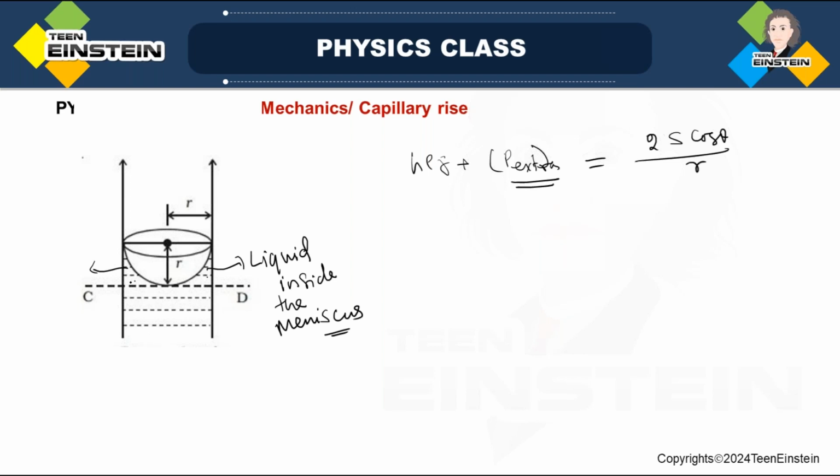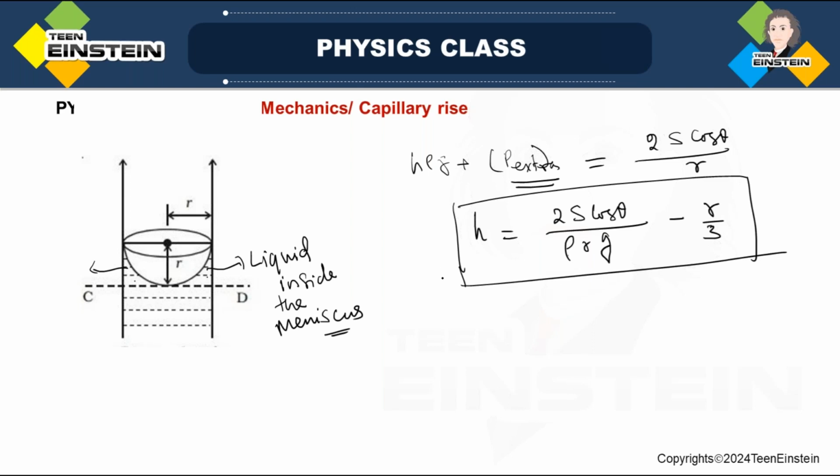So we get modifications in the height: 2s cos theta by rho r g, as we had here, minus r by 3. So this much modification will be there in the formula of the ascent if we consider the liquid inside the meniscus. Let us see how we get this factor.